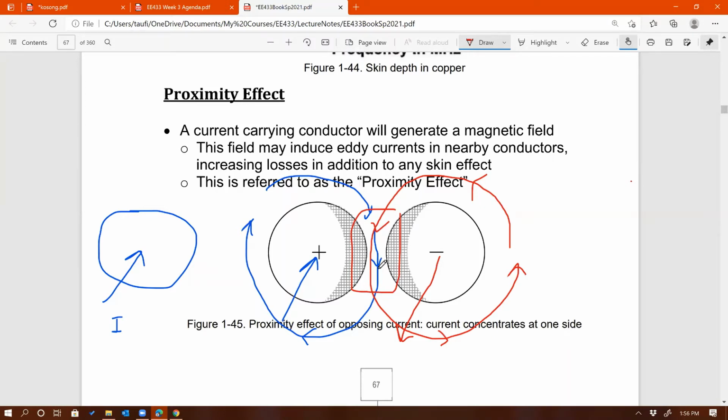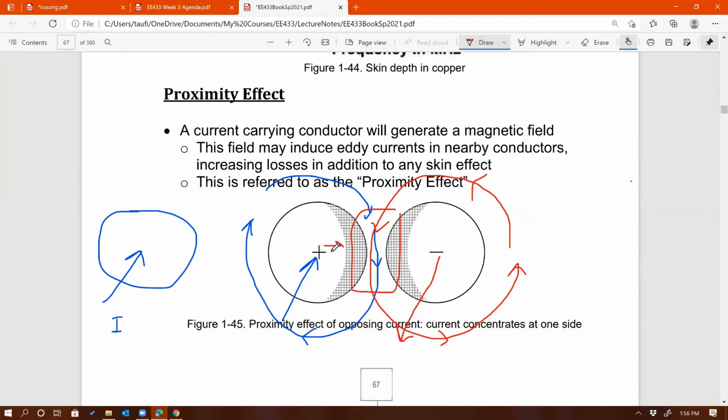The magnetic fluxes are not canceling in between the conductors, they're adding up. So that means we have a strong magnetic field between these two conductors. If there's a strong magnetic field between these two conductors, then the electrons will be attracted toward the space between the two conductors.